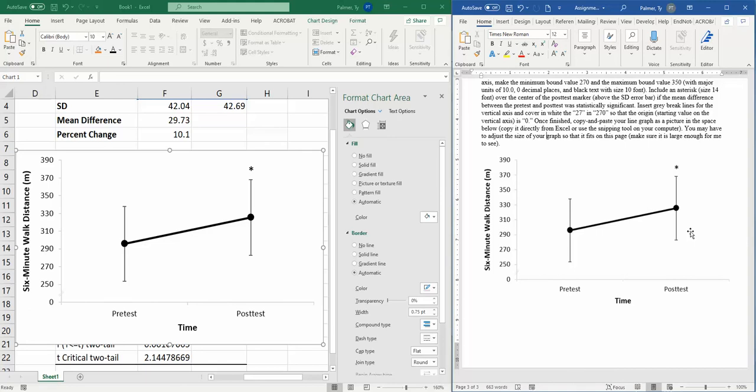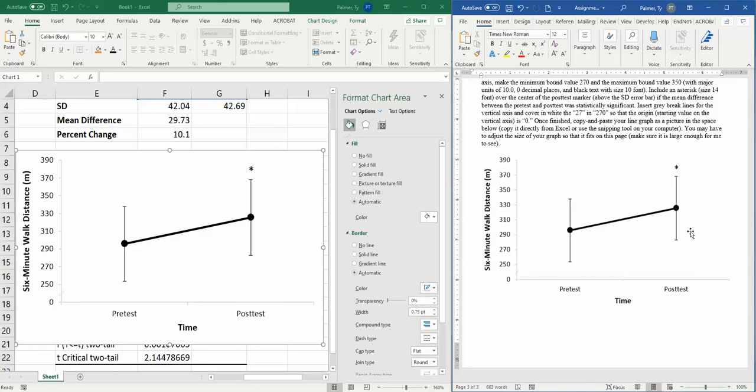So that's the importance of doing these types of studies where we do these dependent samples t-tests: we can determine whether or not a training program or intervention is effective. And if it is effective, then we can continue to use that program on future patients.